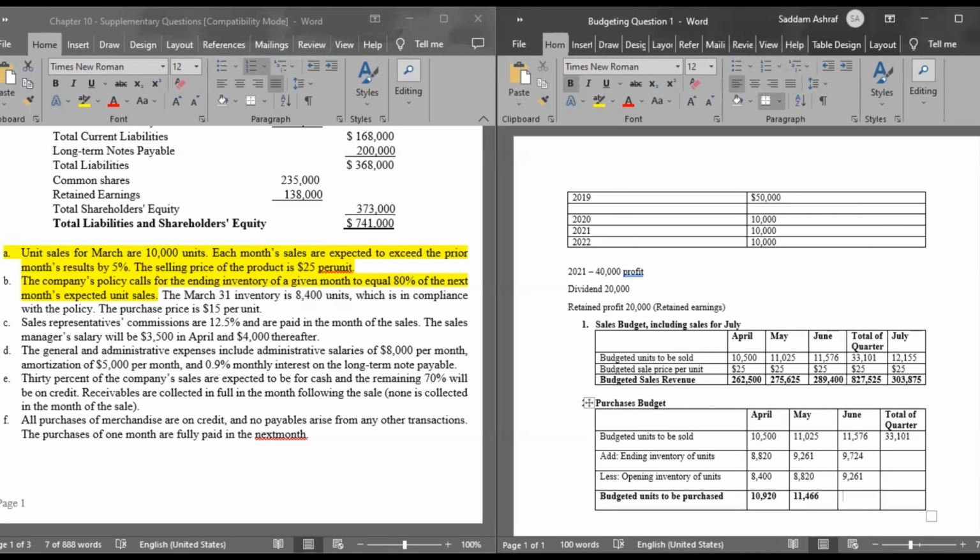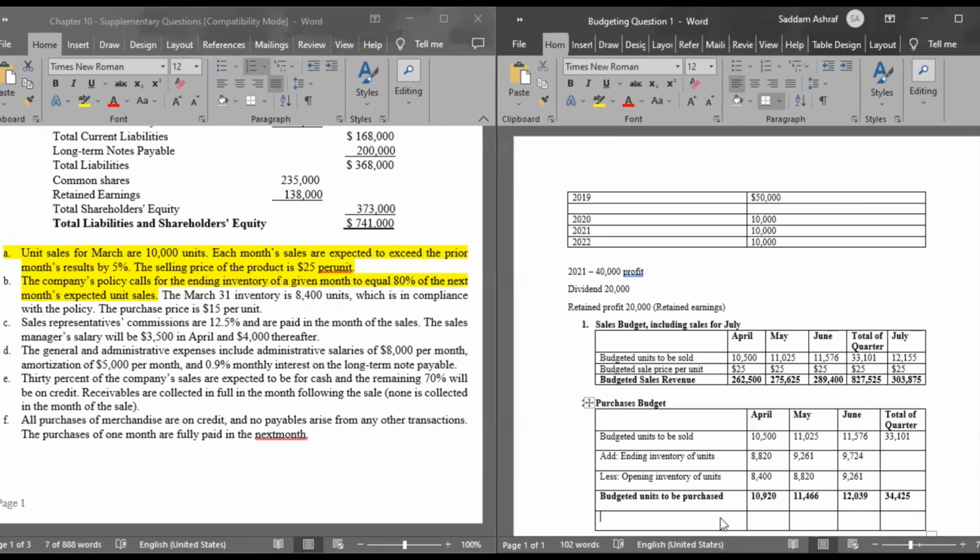Then in June: 12,039. Now you can total all these budgeted units to be purchased: 34,425. These are the units we have to purchase.